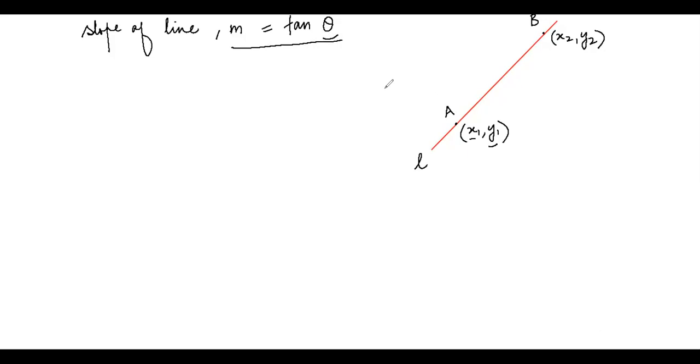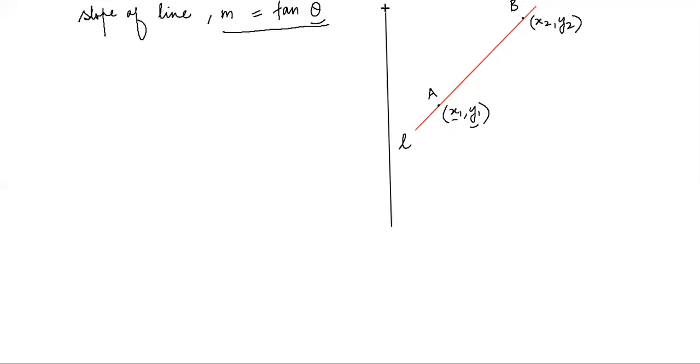How? Now, quickly, what we do, students, we draw the x and y axis also. I draw here the x-axis and the y-axis. This is my x-axis and this is my y-axis.